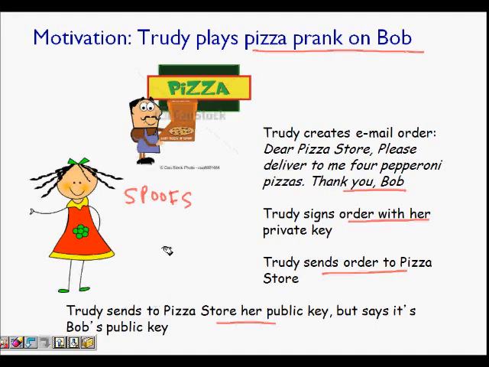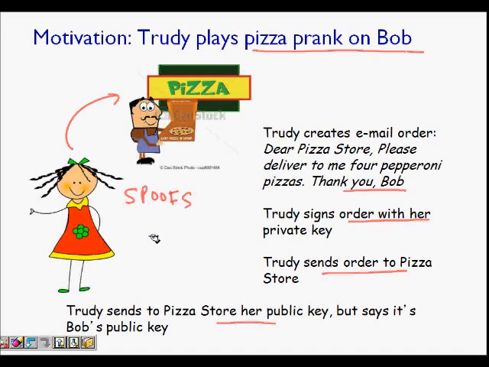So this is faking Bob. She tells the pizza store in an email that she's sending an order, signs it with her private key, and also sends the public key, saying that this public key is Bob's.